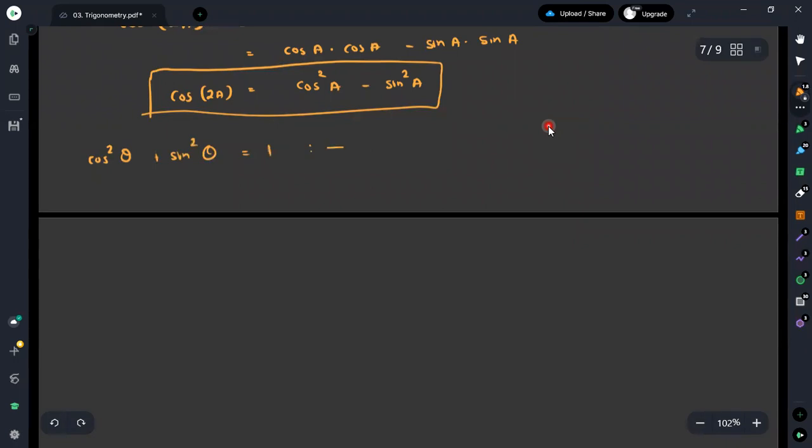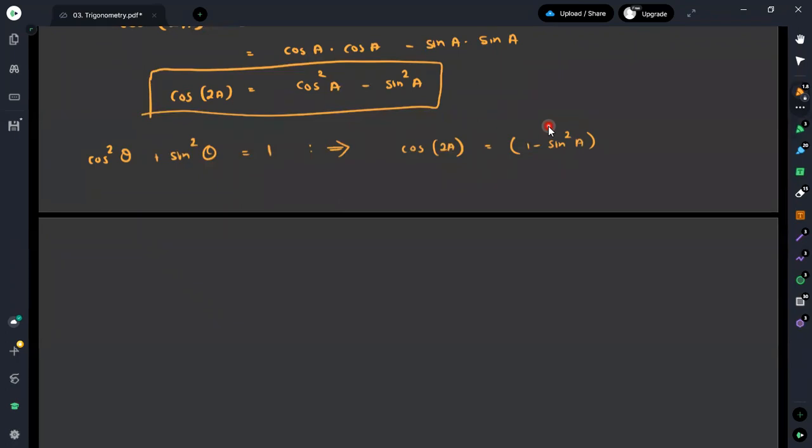Therefore, by applying this in the equation, instead of cosine squared A, I will write 1 minus sine squared A, since cosine squared theta gives 1 minus sine squared theta.